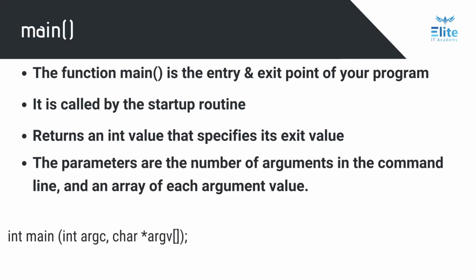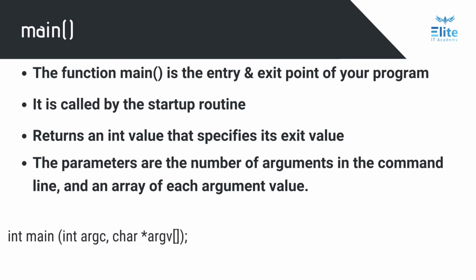Now, when a C program is compiled, the compiler inserts a startup routine. This startup routine initializes some areas of memory, collects the arguments supplied by the user in the command line, and passes control to the main function along with the command line arguments.